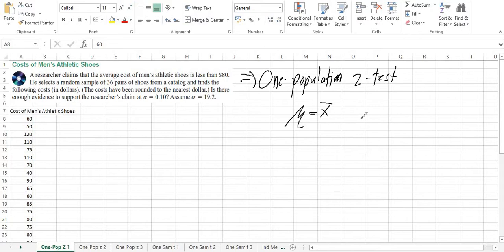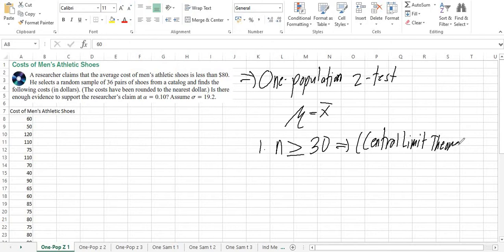It is used if, number 1, our sample size is greater than or equal to 30. And this is, if you remember, part of the central limit theorem. That is the first condition. So as long as our sample size is equal to or greater than 30, then we can use this test.